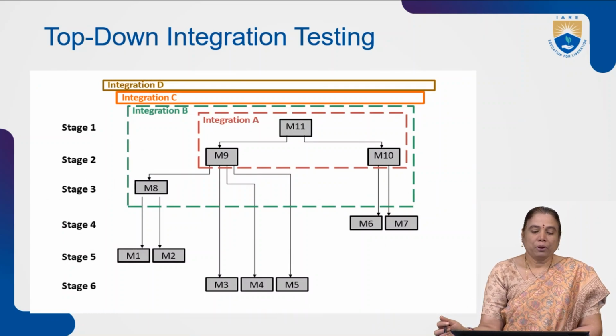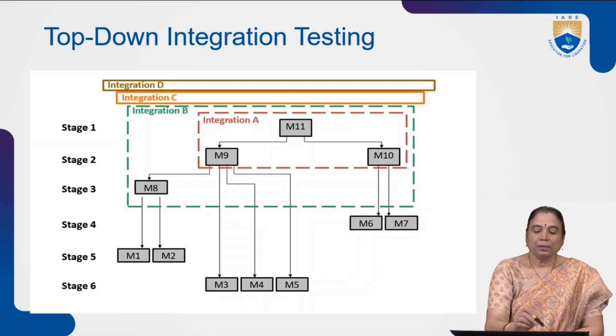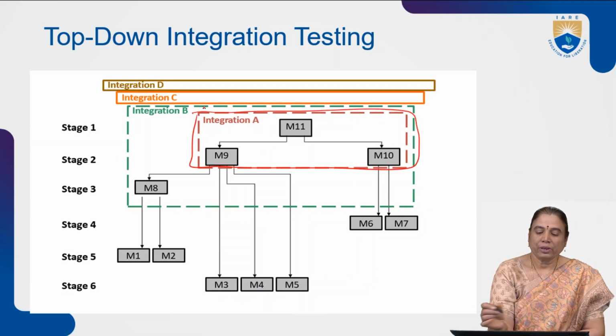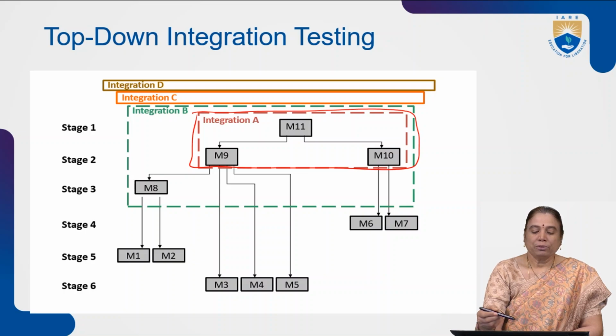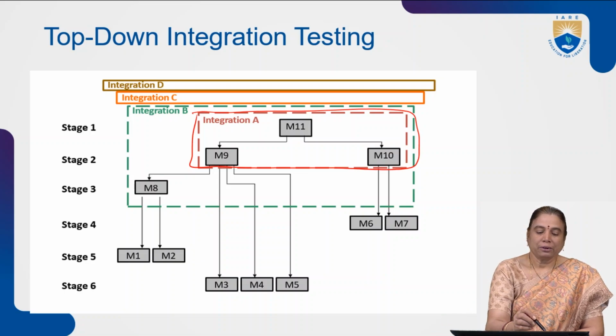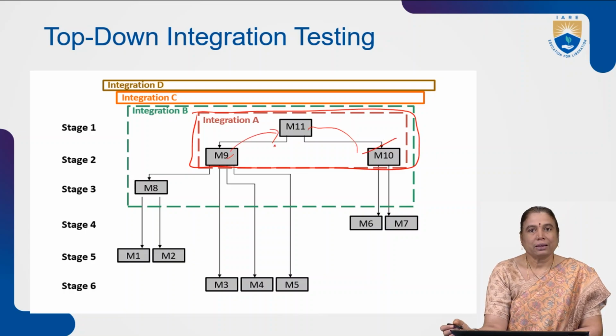Consider an example. In the top-down integration method, in step 1, this set of modules must be checked first: module 11, then module 9 and module 10. After this, the low-level modules must be added in the second stage, M9 and M10, and the functionality can be checked.